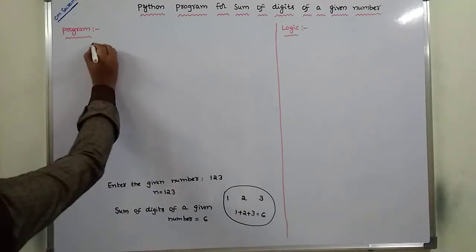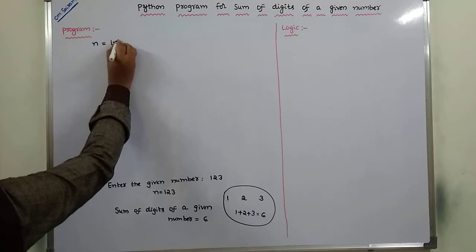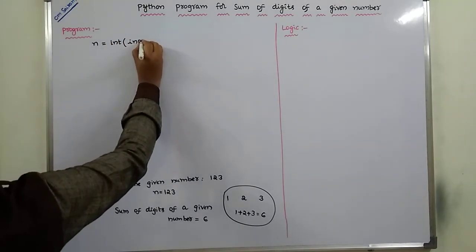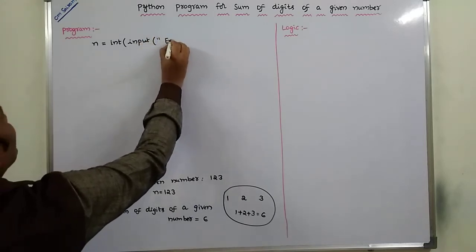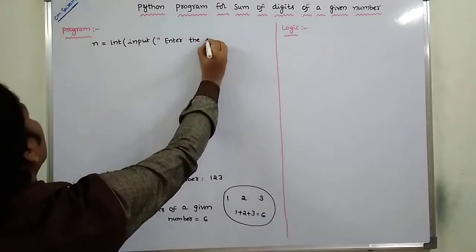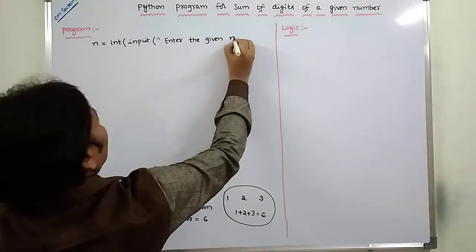n is equal to int of input of enter the given number, or enter the number, that is no problem at all.